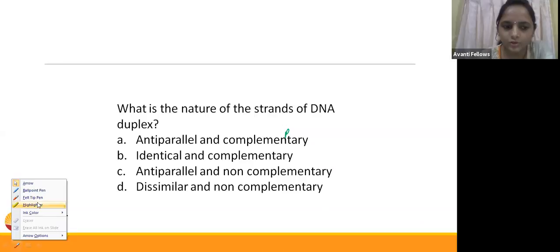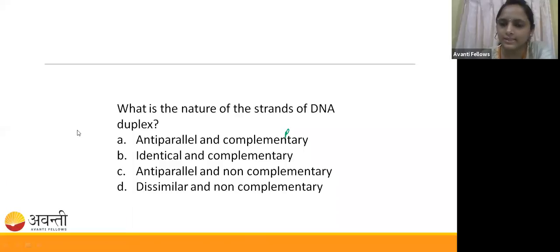One strand runs in the 5' to 3' direction, and the other strand runs in the 3' to 5' direction. This is what we call the antiparallel nature. So we can see the antiparallel in option A.